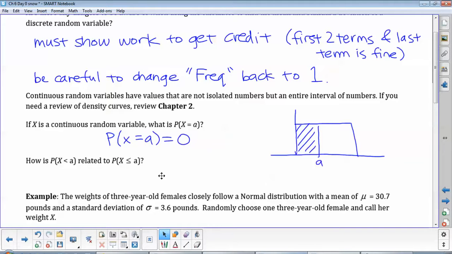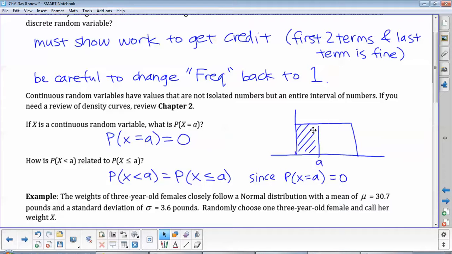So these two things are actually equivalent as far as continuous density curves or continuous random variables go. Since the value of x equal to a is 0, these two things will have the same value. Now, yes, technically speaking, these two aren't the same idea because one of them contains this value, one of them doesn't. Honestly, since most of the stuff we do in real life stat is approximate anyway, it really does not matter, and you don't have to worry about drawing it with a dotted line here for the a or anything like that.